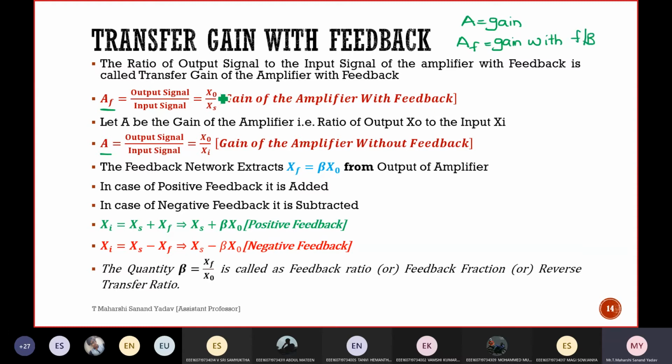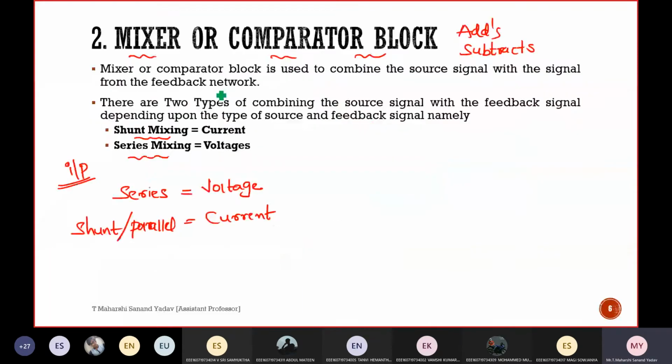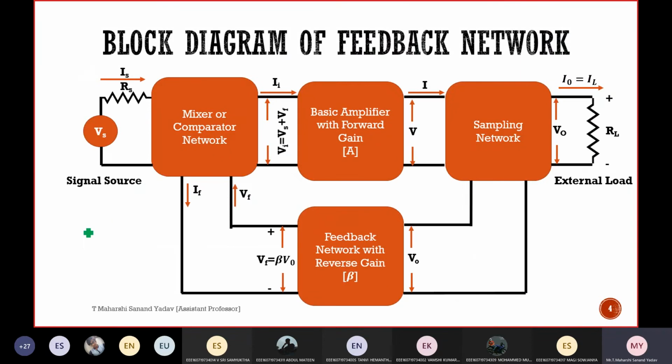So here, now you tell me. Let me go to the diagram. Tell me the answer for A and AF. A is V naught by Vi, correct.